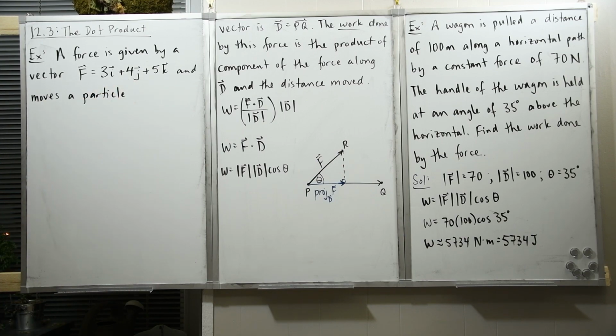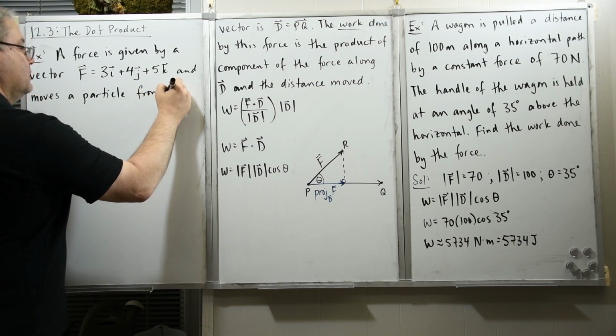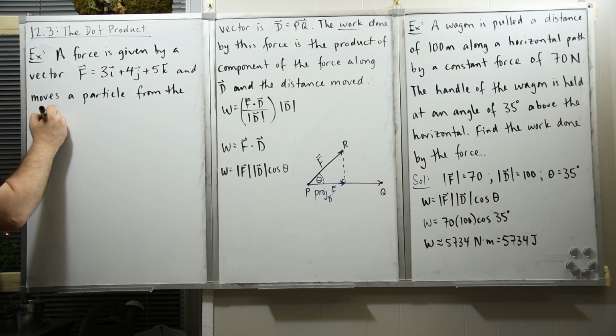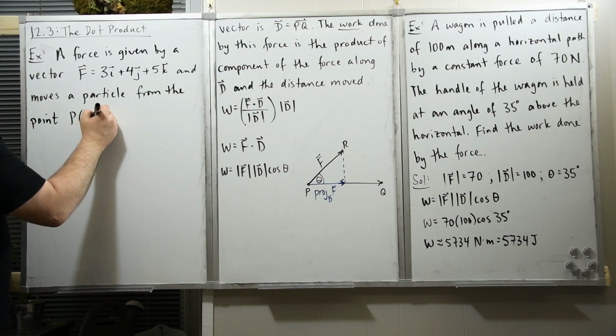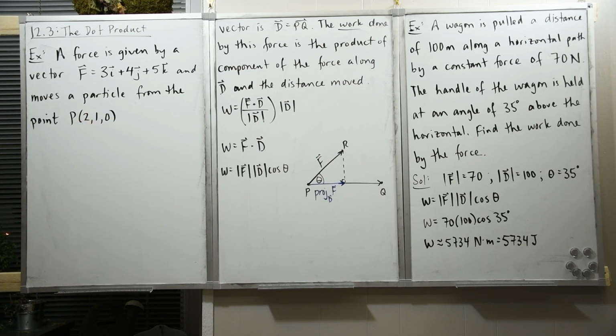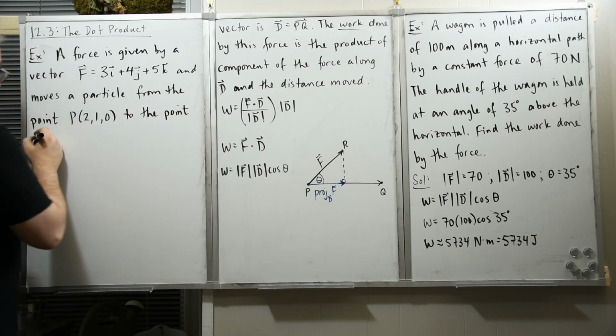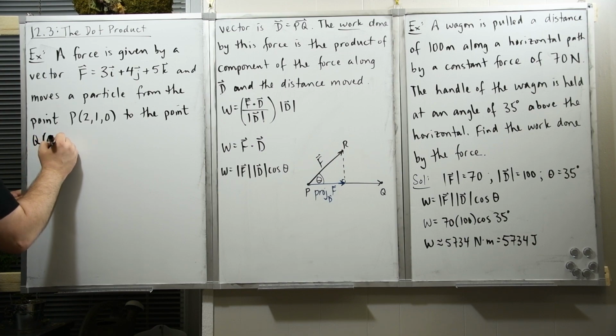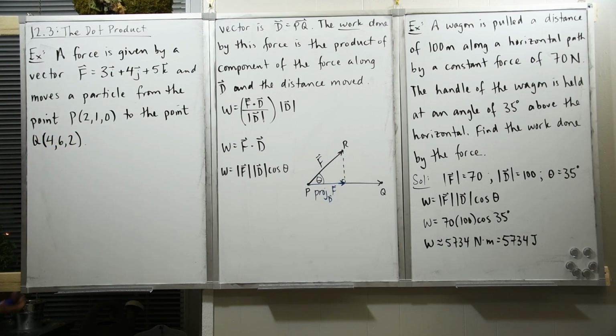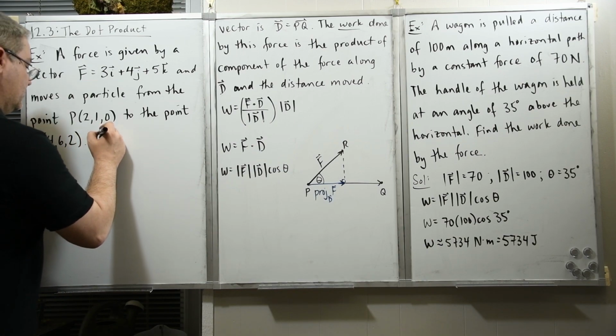And this force is going to move a particle from the point P with coordinates 2, 1, and 0 to the point Q, which has coordinates 4, 6, and 2. So we're going to find the work done.